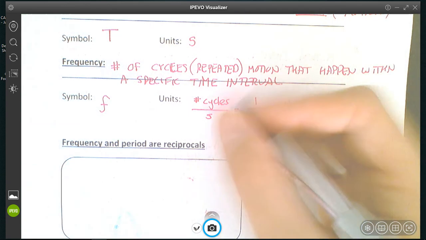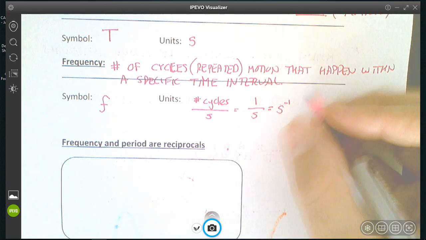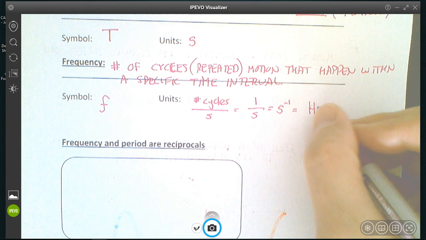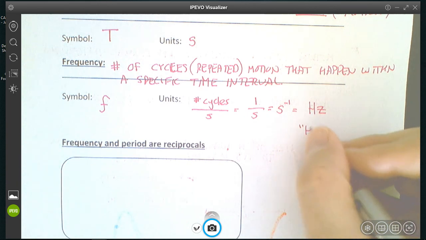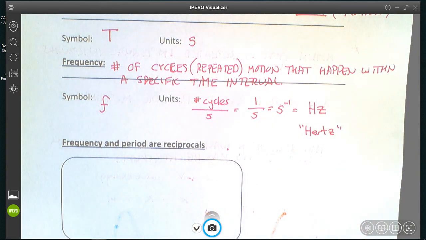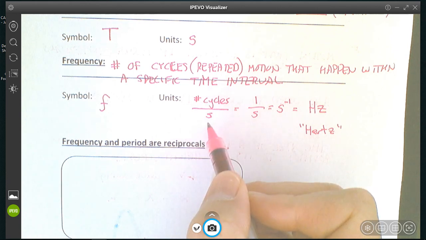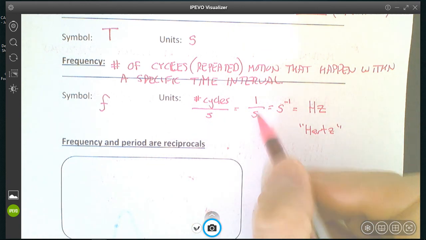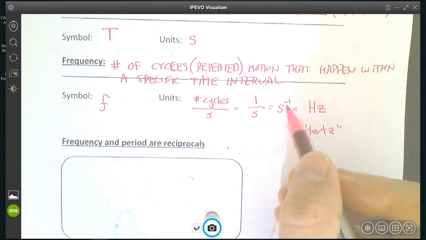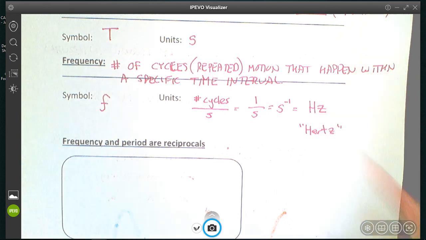And it turns out that this number of cycles per second, or this 1 over seconds, or this inverse seconds, has a very special name called hertz. So if somebody says something's vibrating at 3,000 hertz, it means that it's vibrating at 3,000 cycles every second, or 3,000 inverse seconds, or 3,000 seconds to the -1, or 3,000 hertz. But either way, all it means is it's a number of cycles per second.